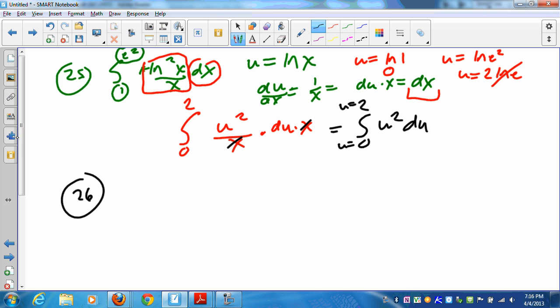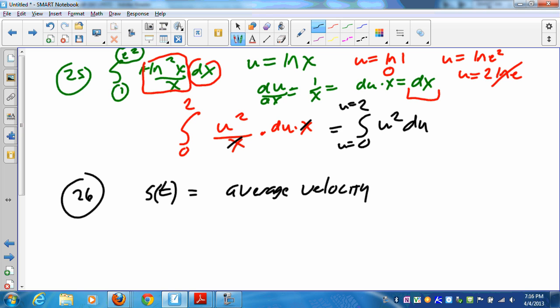Alright, let's take a look at 26. Okay, this one, they give us the position function, right? And they're asking us to find what? The average velocity.